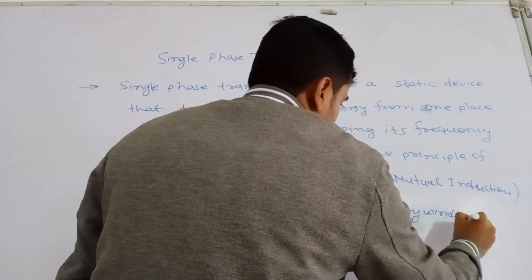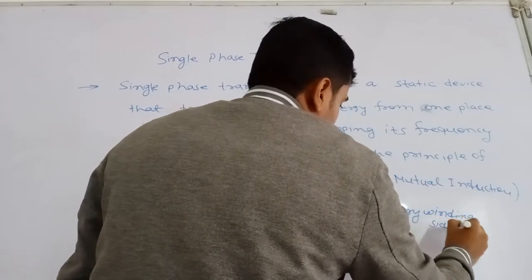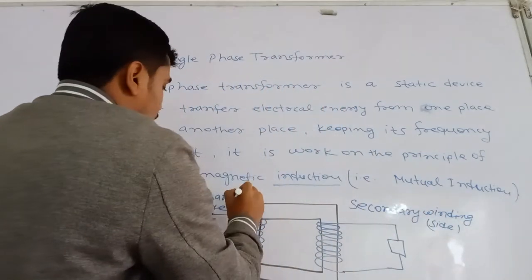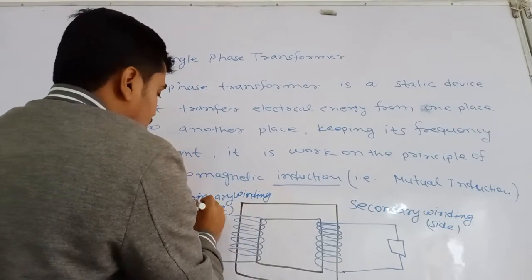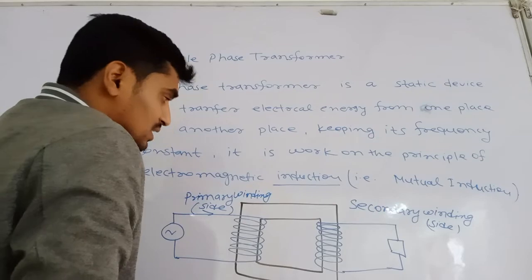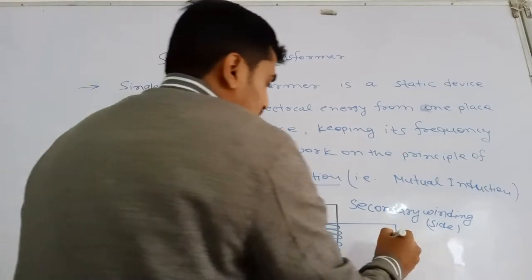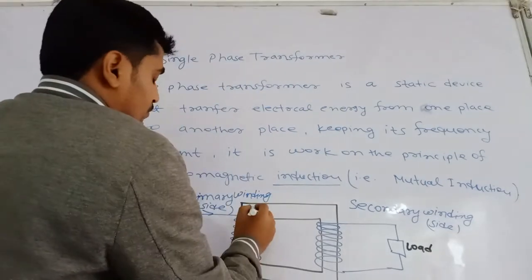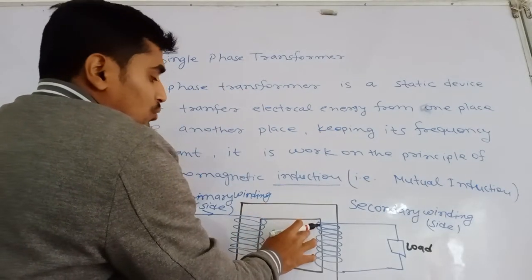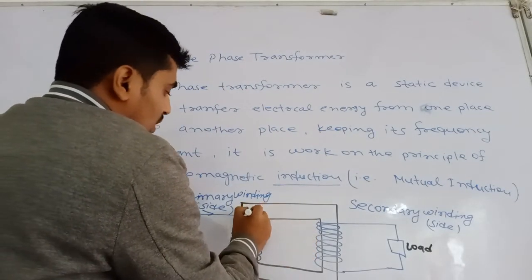Secondary winding or secondary side, primary winding or primary side, where the load is connected on the secondary side. The common point is the mutual inductance.